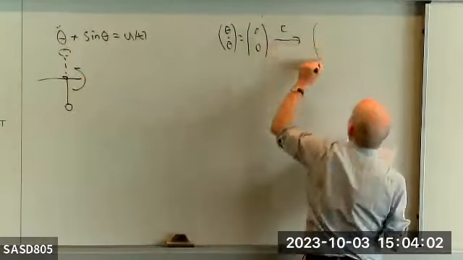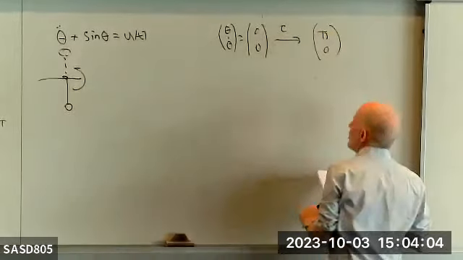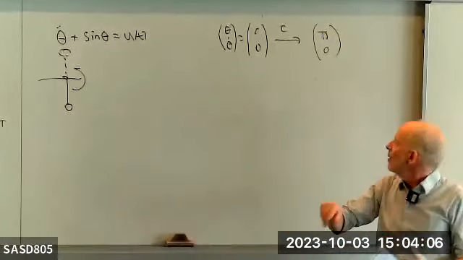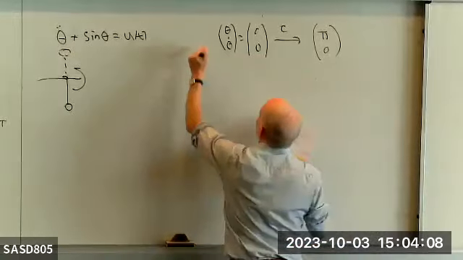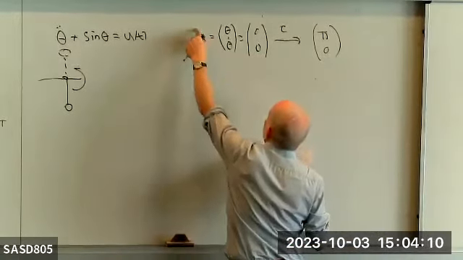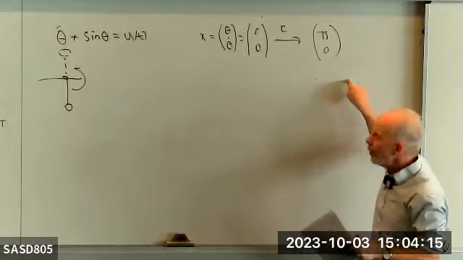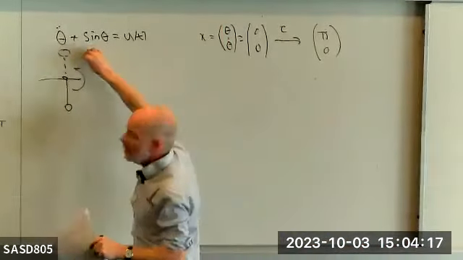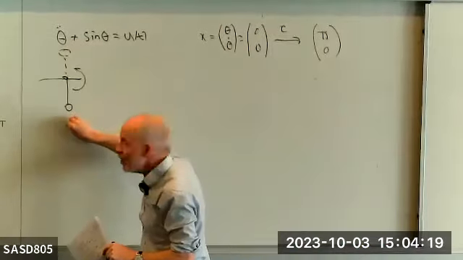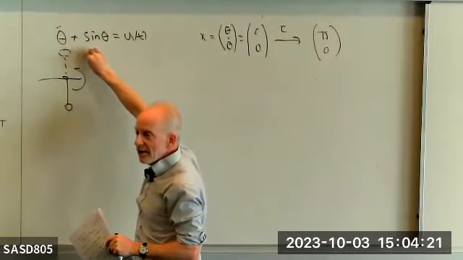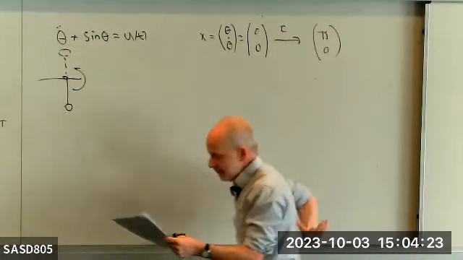And this will be pi, 0. So the vector x is theta and theta dot. And so we want to go from this point to this point, which corresponds to going from down to up, down and stationary to up and stationary, in some time tau.